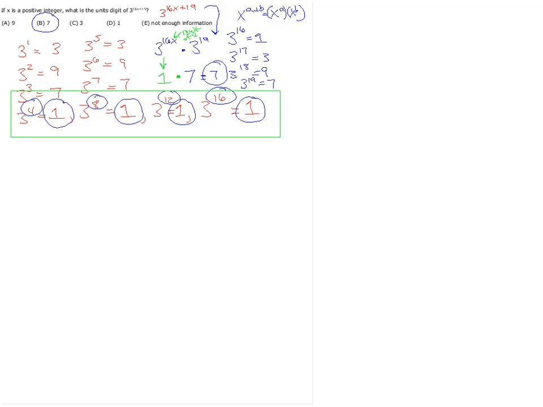Let's say x were 1, then you would do 3 to the 16 plus 19. If x were 2, 3 to the 32 plus 19, you'll see that you'll keep getting a units digit of 7. This is a really impactful part of the test, because if you see this, it's not only a high-level question, but something you can get right very easily.